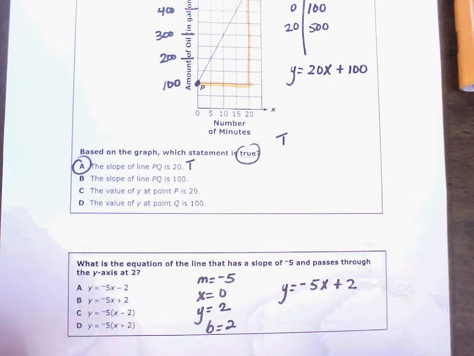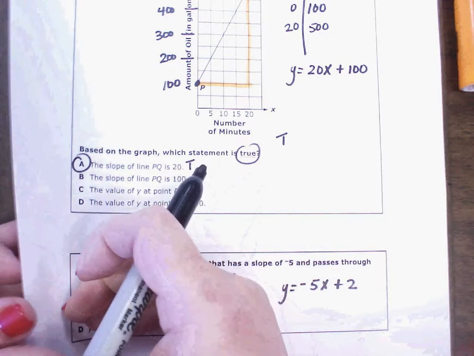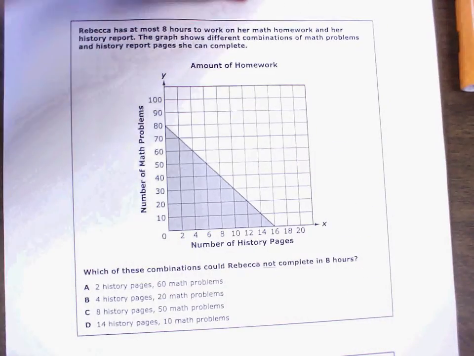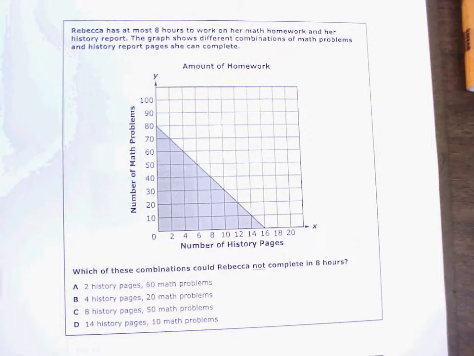So that means that b equals 2. So what's my equation? Negative 5x plus 2. B. Alright, next one.